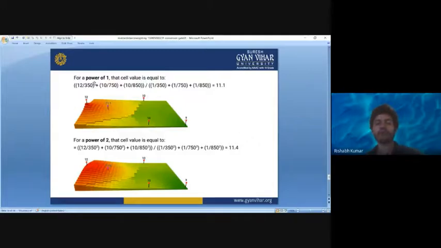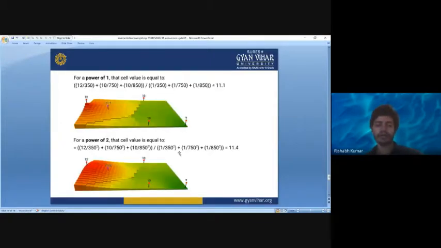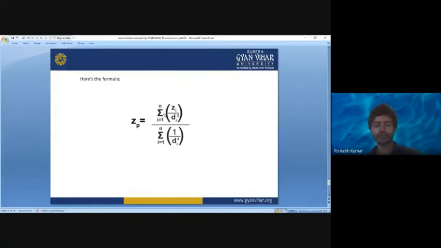For power 1 it would simply be like this, and it comes out to be 11.1. When we choose power n equal to 2, that's how we do it, and in this comparison our value is 11.4. Here we are using the formula that we have done earlier.